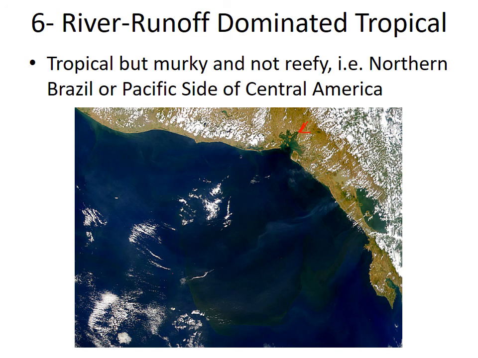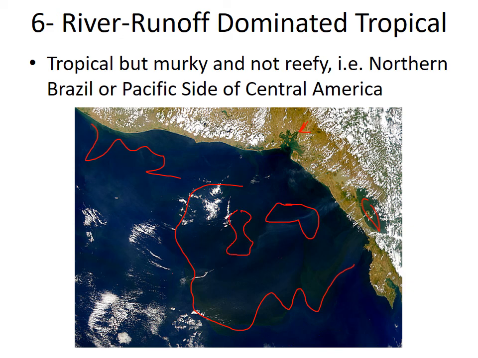So you can see the phytoplankton blooms along the coast and swirling through here, and the water looks murky and green. It wouldn't be a great place for scuba diving or snorkeling, but there could be a lot of fish productivity and other marine life productivity in this area because of the abundance of nutrients.